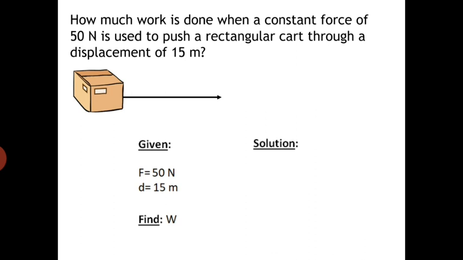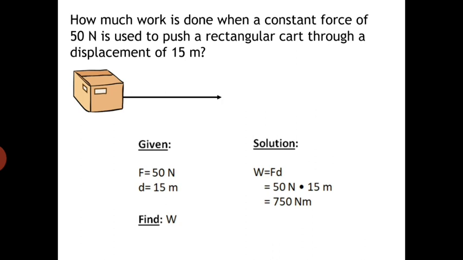Solution. Always remember that in your solution, you always start by writing the formula. And our formula is W is equal to F times D. Next step, let us substitute our given. We have a force of 50 Newton multiplied by the displacement of 15 meters. So let us combine 50 times 15, that's 750.